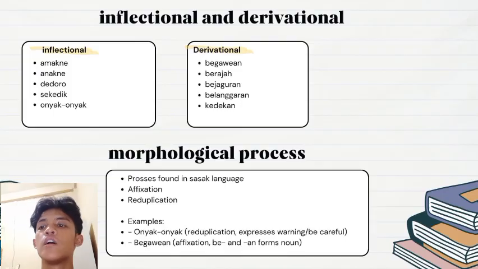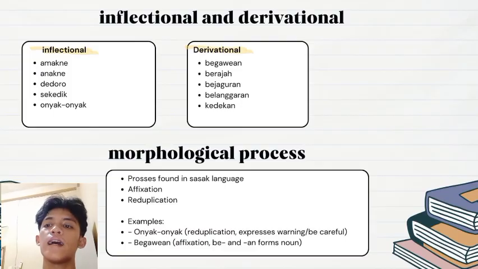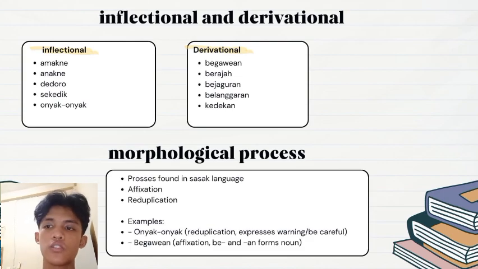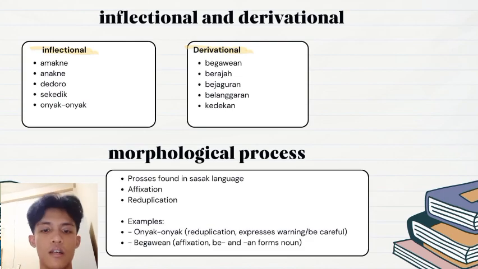Similarly, braja uses the bound prefix ber attached to the root aja. Compound affixes are also seen in Bejaguran and Belanggaran, where bound affixes B and N enclose the free roots Jagur and Langgar respectively. Finally, Kedekan is derived by adding the bound suffix an to the root Kedek.